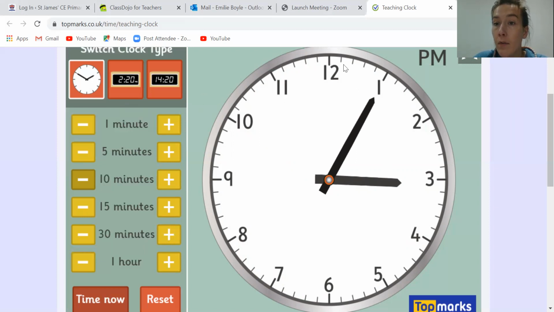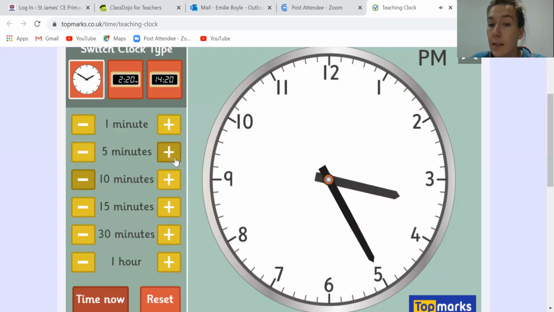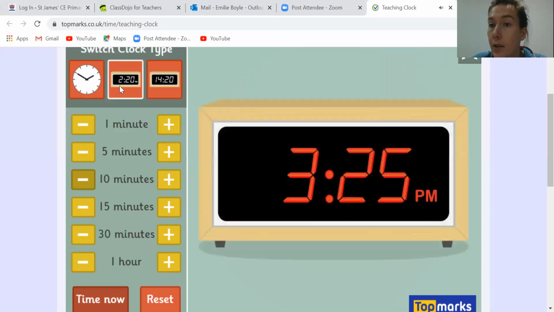And we are now on 5 minutes past 3 o'clock. So it's just left the hour. And if we carry on going round the clock face down to the 5, so we've now got 5, 10, 15, 20, 25, and it's going to be 25 minutes past 3 o'clock. Or if we're writing it in the digital, it's going to be 3:25.